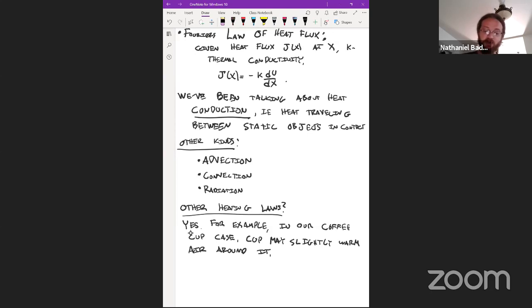So in this case, what you'll usually use are these modified equations. Something like du dt is minus hs over cm times u minus us, to the power 5/4.